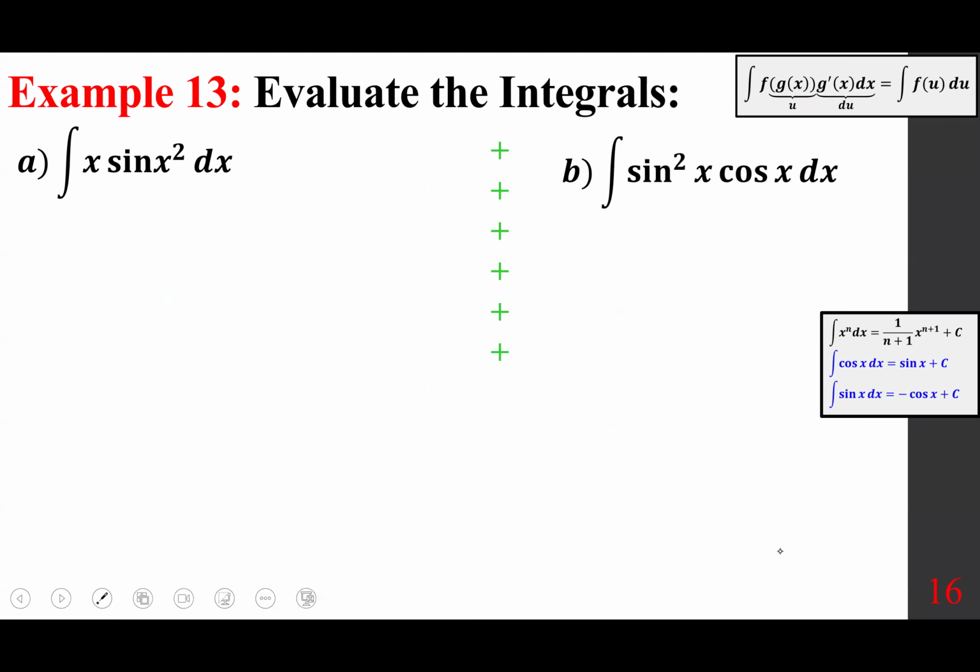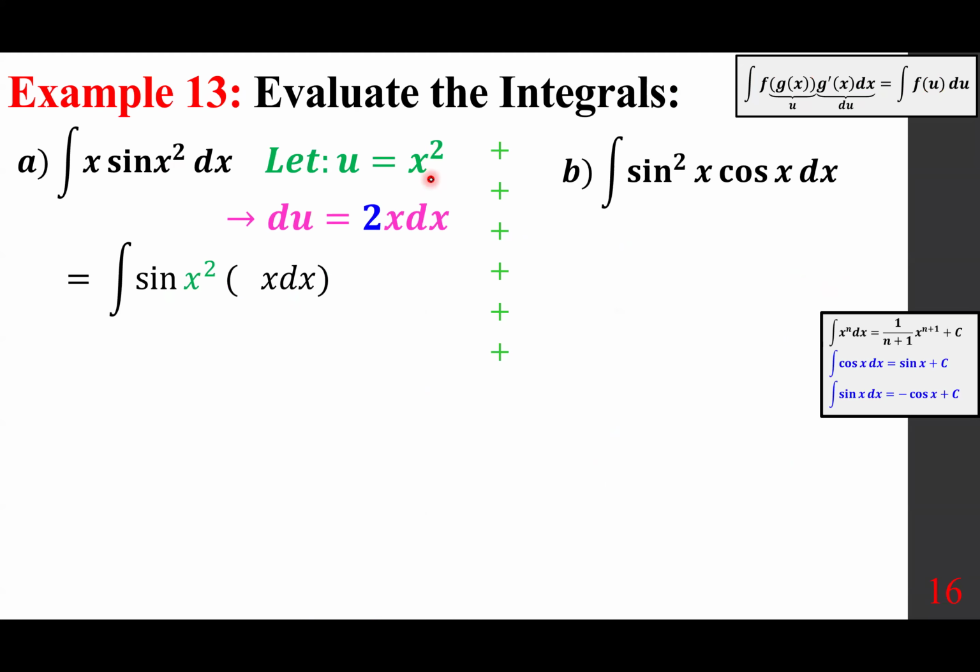What happens when sinusoidal functions are involved? If there is one of them and the argument has an exponent, that is the choice of u. Its derivative is 2x, which makes du 2x dx. Moving things around, we notice everything is in order except 2 is missing. 2 is a number.